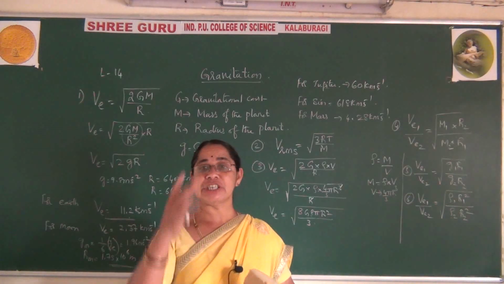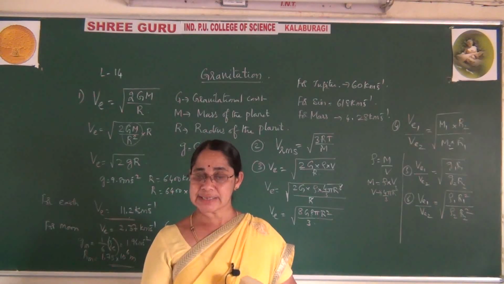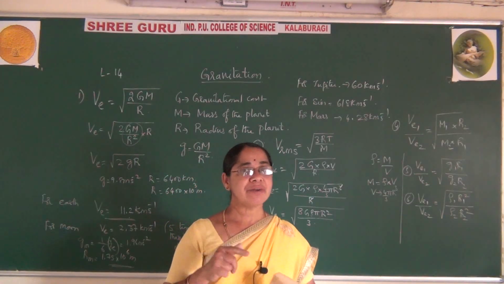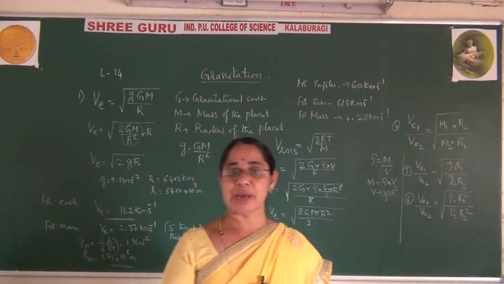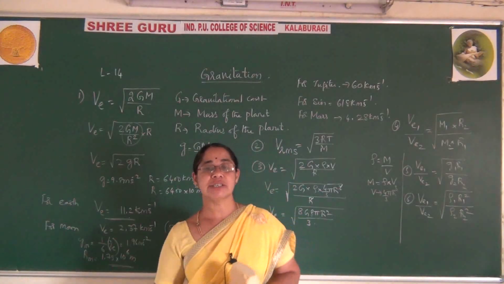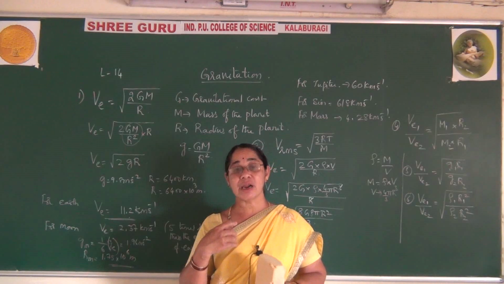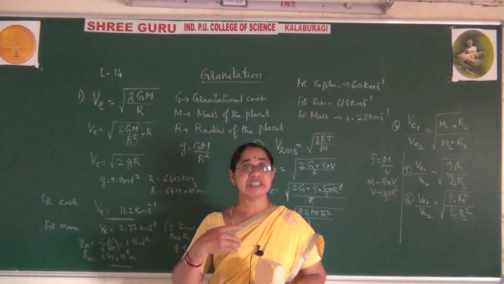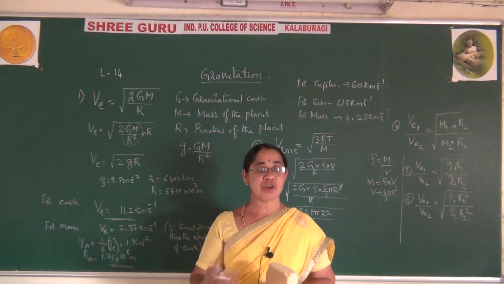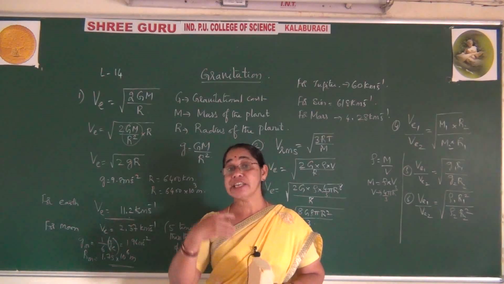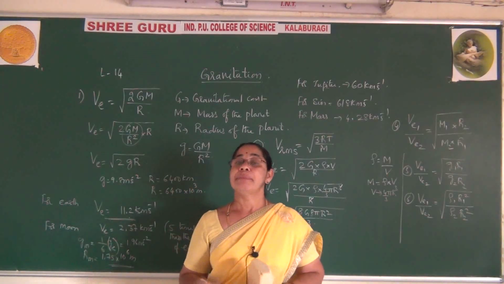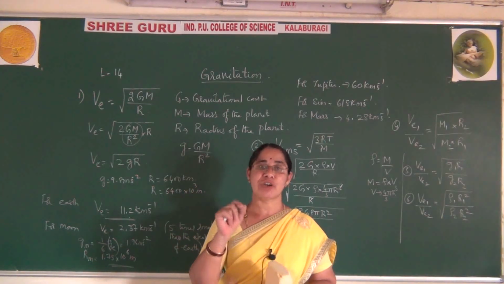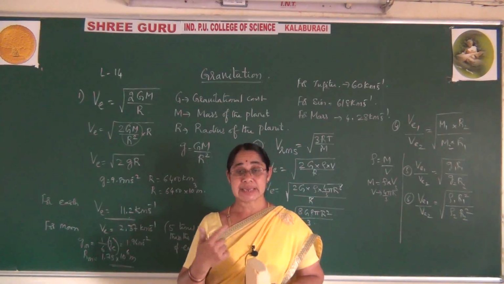They may give different projections, maybe different angles. But remember, you have one chapter, motion in 2 dimensions. There you learned that if the angle of projection is 45 degrees, the range will be largest. But if theta is 45 degrees here, what will be the escape velocity?